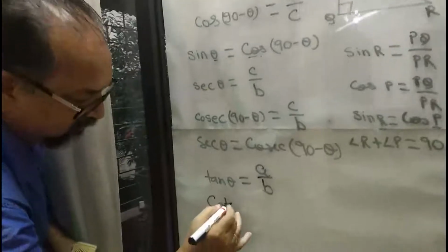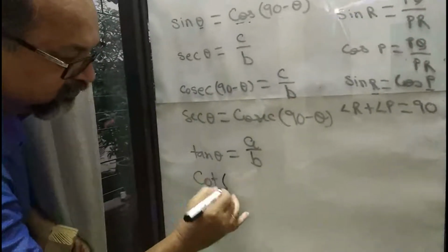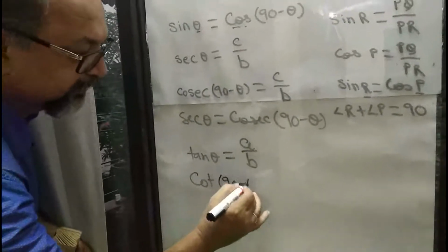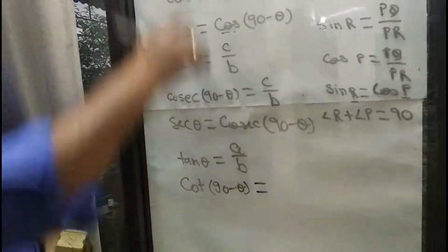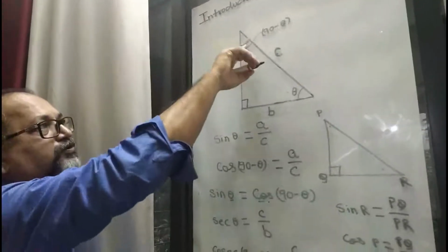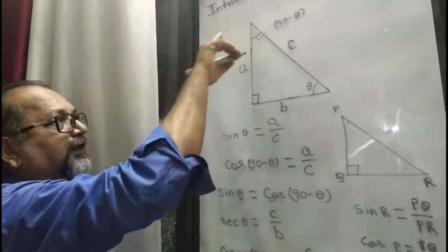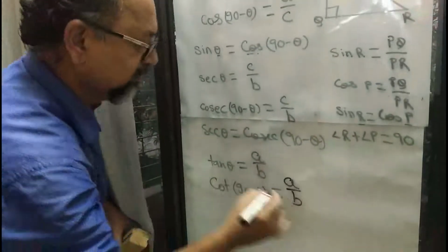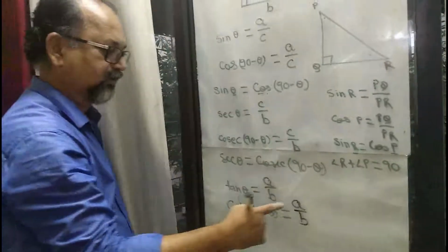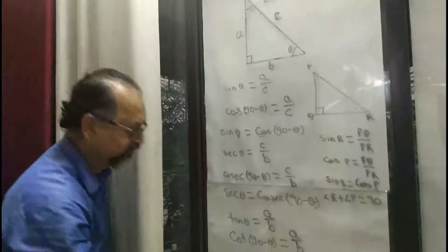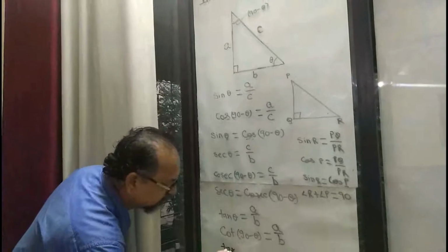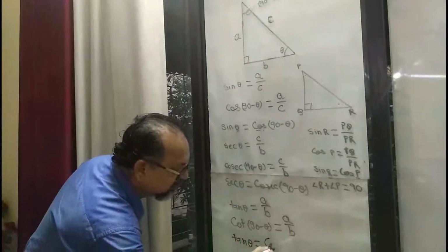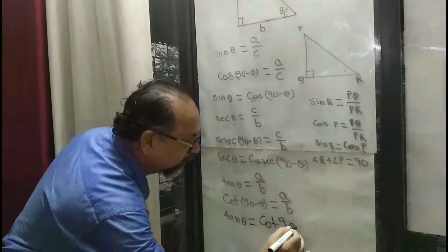Cot, the full form is cotangent. So cot of 90 minus theta, with reference to this angle, is adjacent upon opposite, that is A upon B again. Tan is A upon B, cot 90 minus theta is A upon B. That means tan theta is the same as cot 90 minus theta.